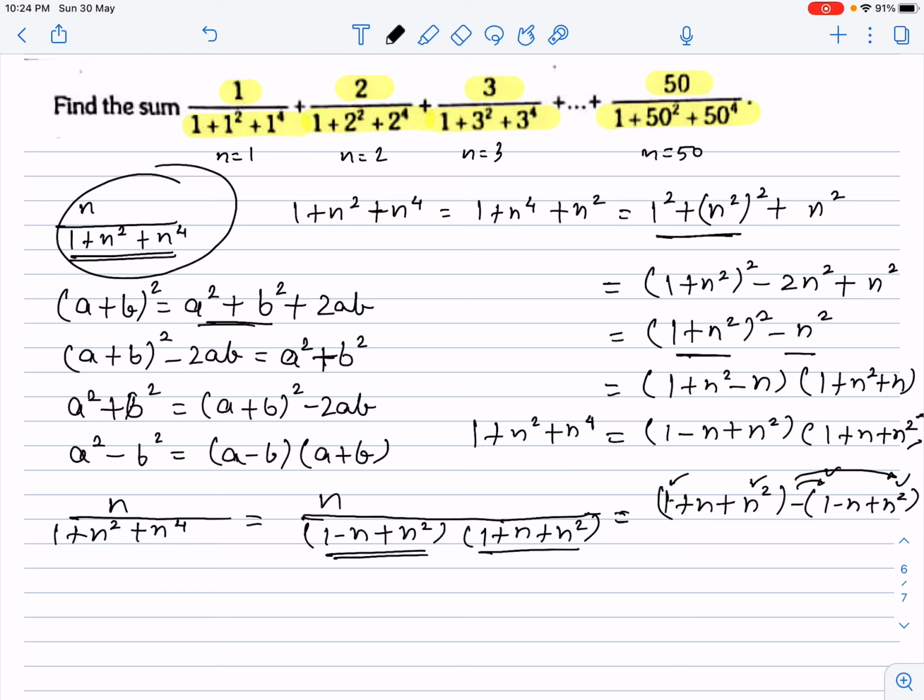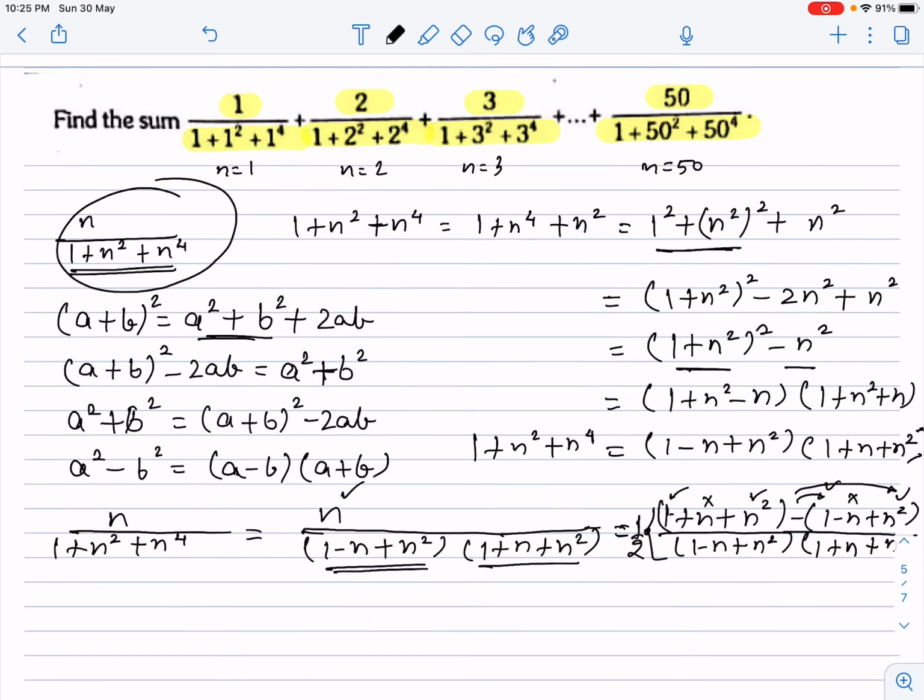So what would be remaining? n and n would be remaining, 2n. So guys, 2n is coming in the numerator, but I want n in the numerator, so I would divide it by 2. So finally, 1 minus n plus n square would be there in the denominator, multiplied by 1 plus n square would be there in the denominator.